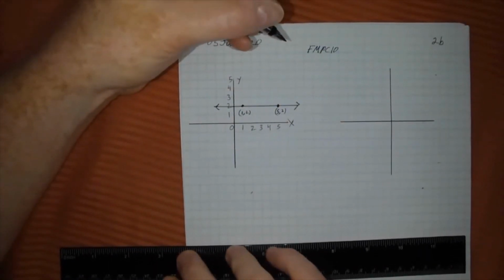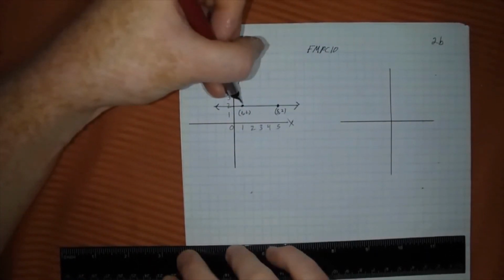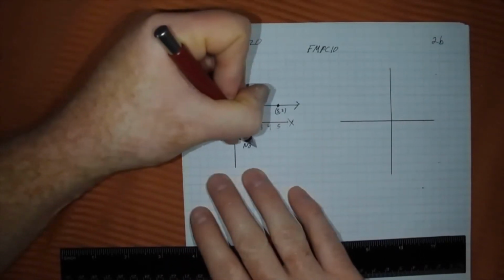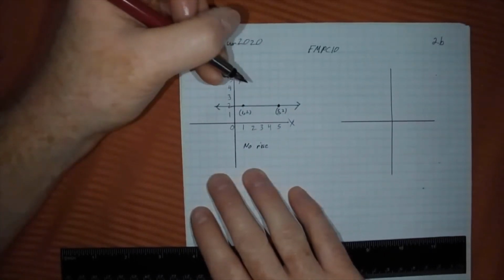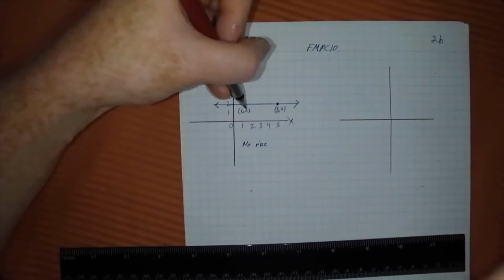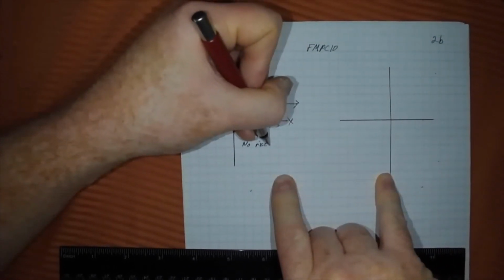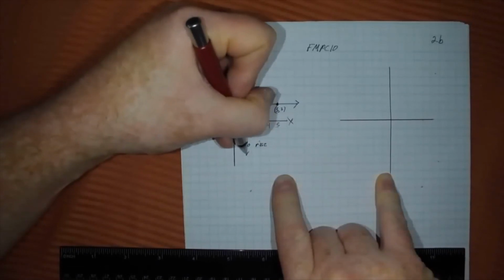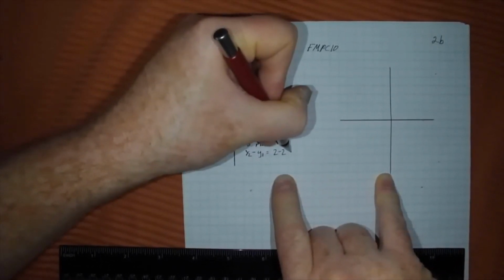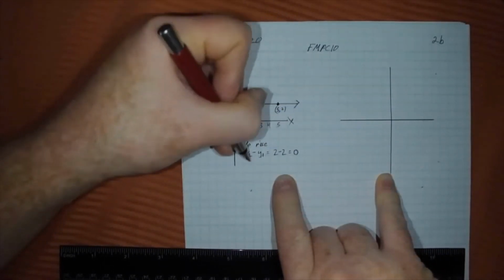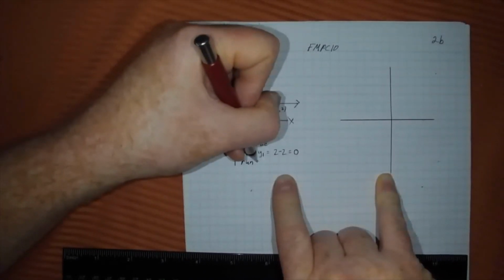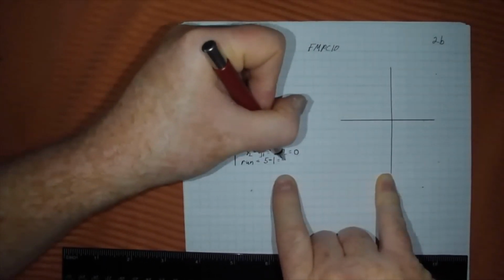So, is there a change in my y? There's no rise. Well, I guess I could look at it. What's my y values? 2 minus 2. What about my run? Well, I go from 1 to 5. So 5 minus 1 is 4.